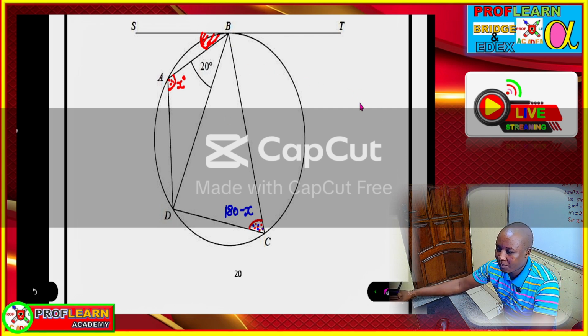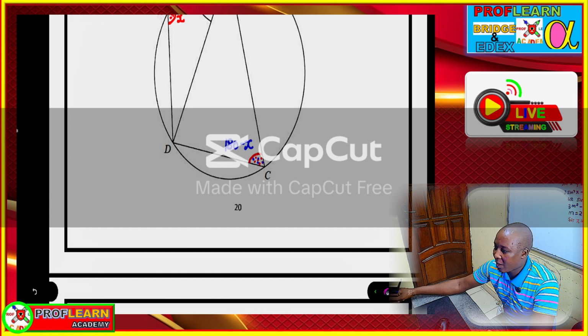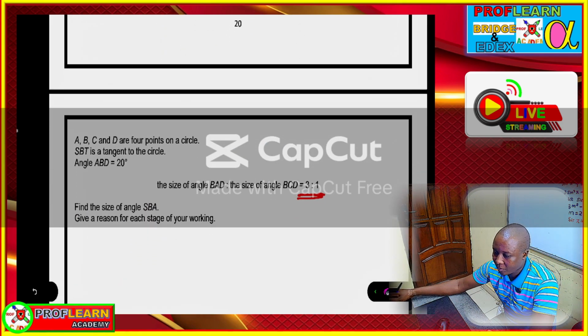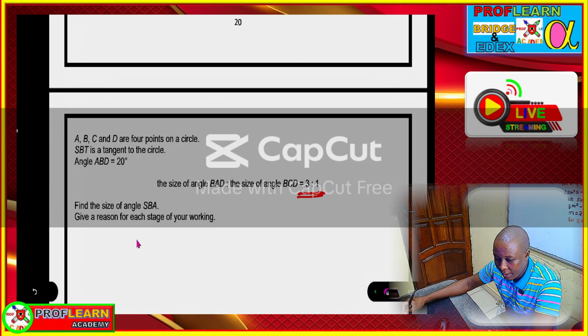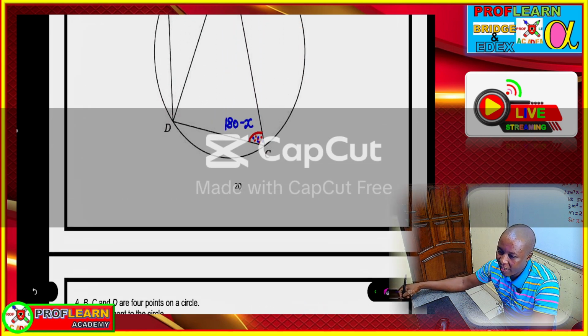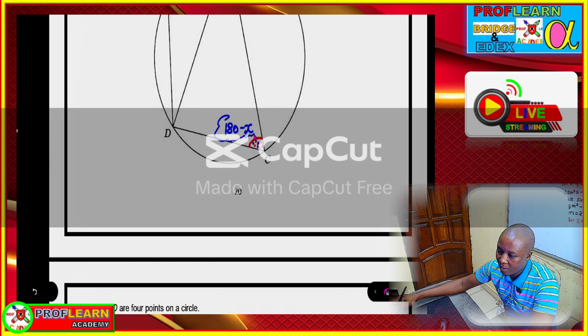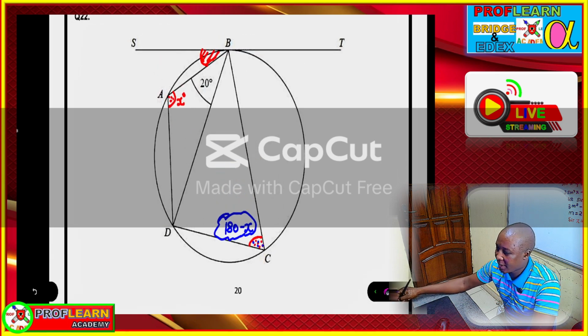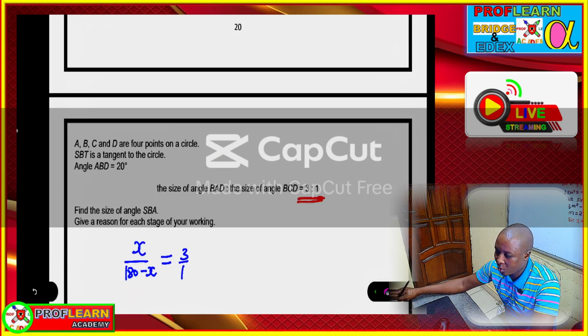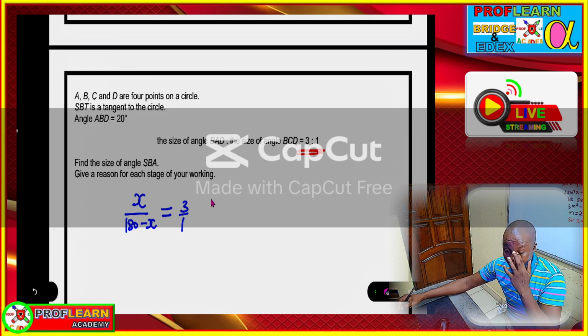But we were told that angle A and angle C have a ratio. So we can say x over 180 minus x should give us 3 over 1. I'm using that because we have angle C as 180 minus x, and our angle A is x, but we were told the relationship the two angles have in terms of their sizes.